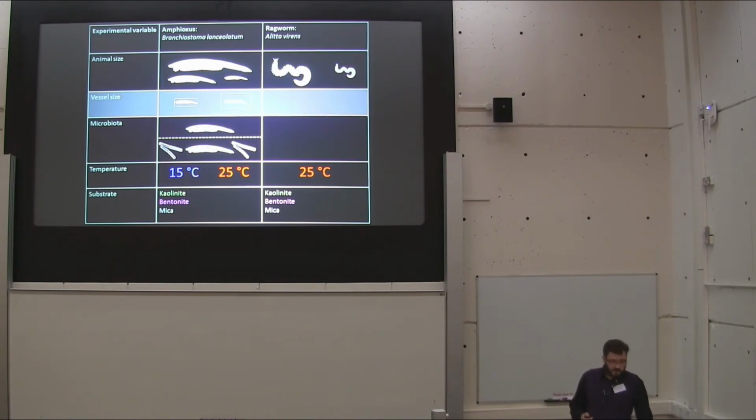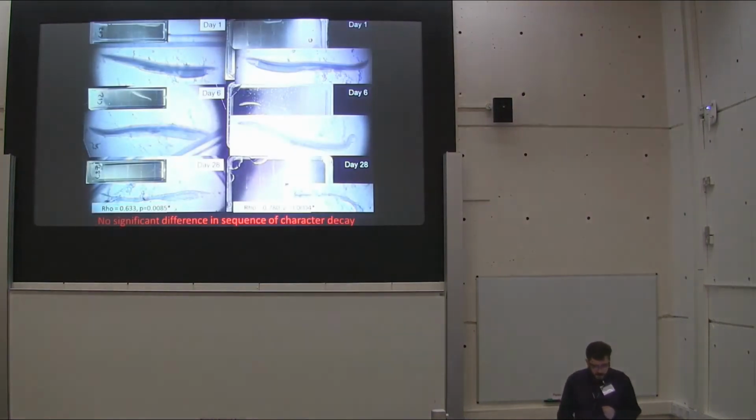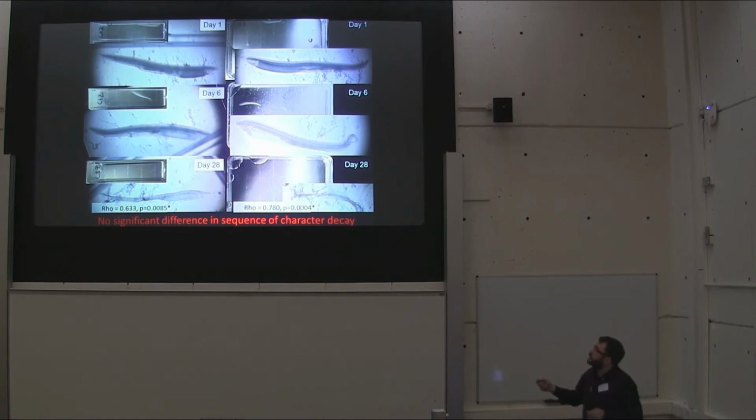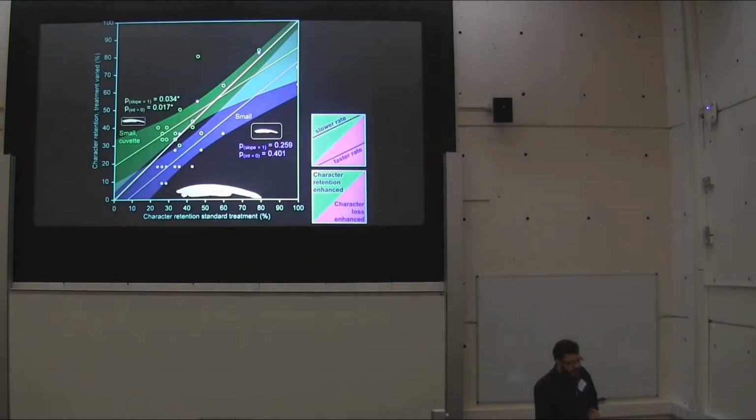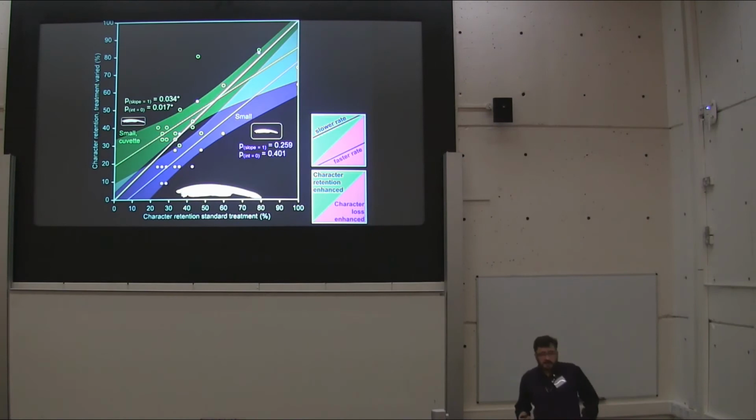Perhaps a more interesting result is we looked at the relative volume of liquid around the animal in this experimental vessel. So we had same size Amphioxus in 2 different vessels, this little cuvette and then this relatively big box. Again, there's no significant difference in the sequence of character decay, but if we look at the rates, this is the one-to-one line, this is our standard, this is our animal which has lots of fluid, and there's no difference between the slope or the intercept of these lines.